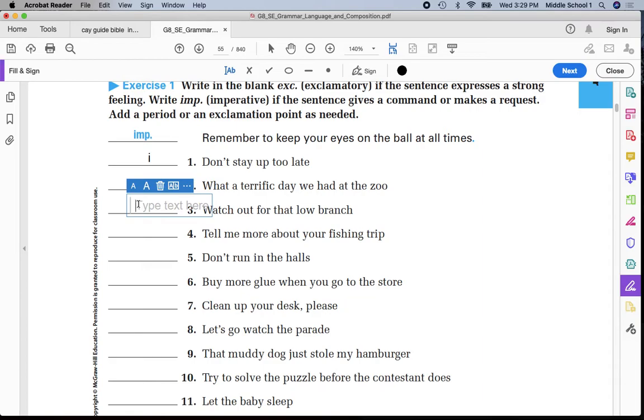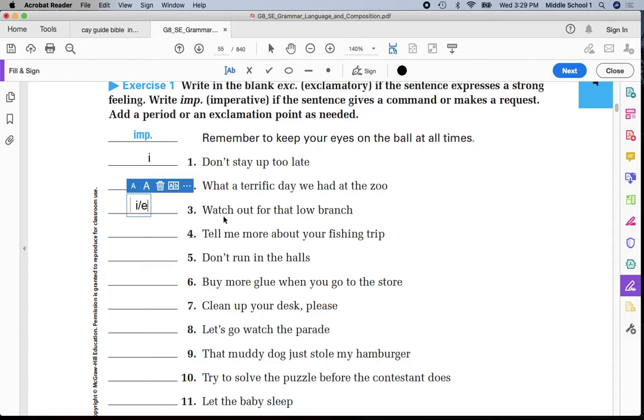Number 3, watch out for that low branch. Again, it depends upon the writer. You could put imperative for this. You could put exclamatory for this. You watch out for that low branch. That makes sense. If you're just telling someone to do that, that's fine.